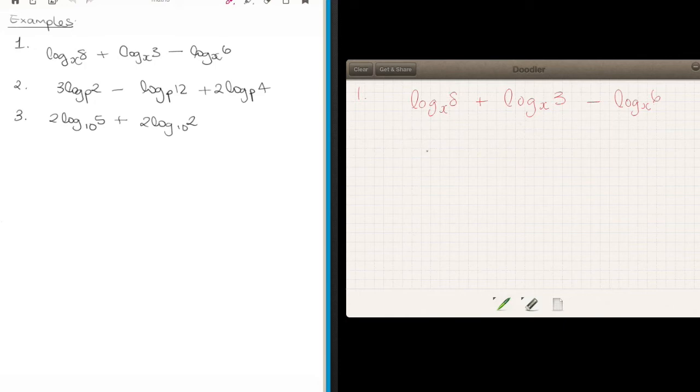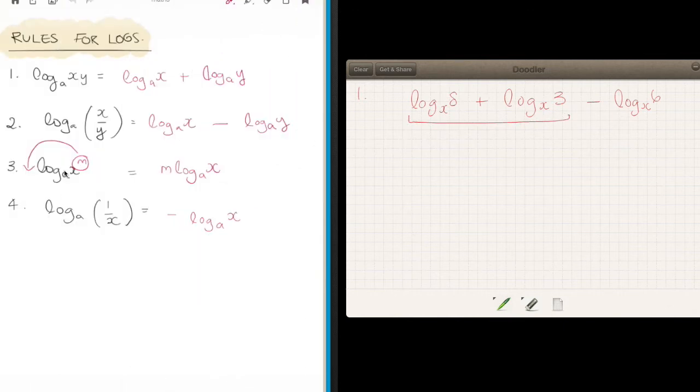So what you'll do here is, well, you know that this is addition, and as we saw in the previous page, addition when reversed of logs can be multiplication. So this is log of x in brackets 8 times 3. Now you still have minus log x base x 6.